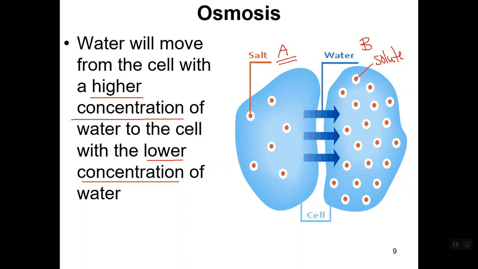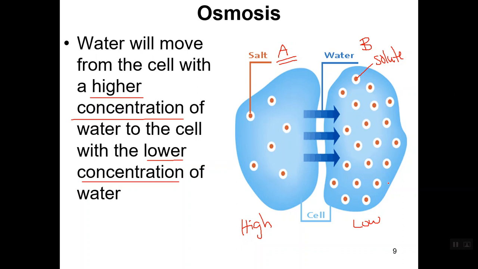Whereas cell A has fewer salts. Here there's only like 6, and over here there's like 15 or something. Which means because there's so much less salt, there's so much more water. So cell A has more water. It has a high concentration of water. Cell B has a lower concentration of water.